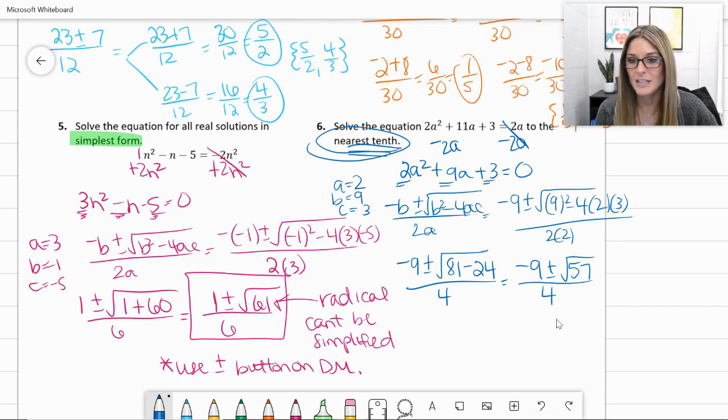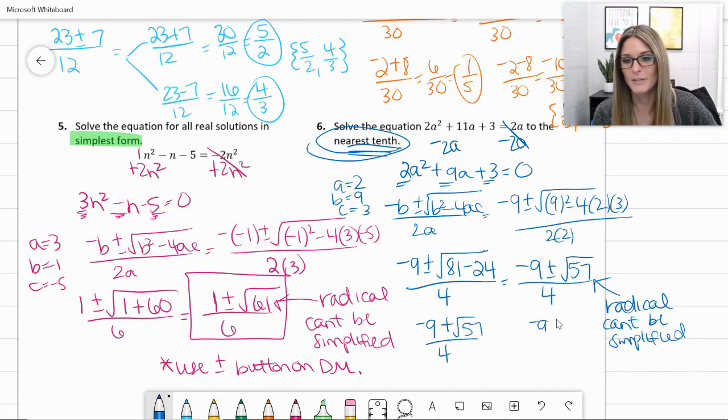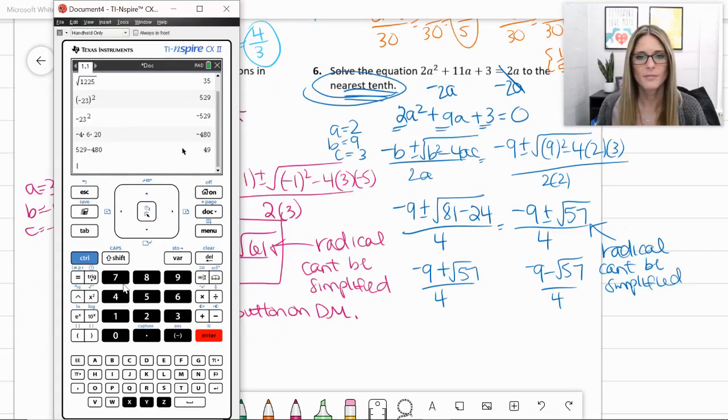So I'm going to evaluate this in my calculator. Now, your calculator does not have a plus or minus button, so we're going to evaluate them separately, just like we did before. I'm going to do negative 9 plus the square root of 57 divided by 4. I'm going to do negative 9 minus the square root of 57 divided by 4 to give me my two answers.